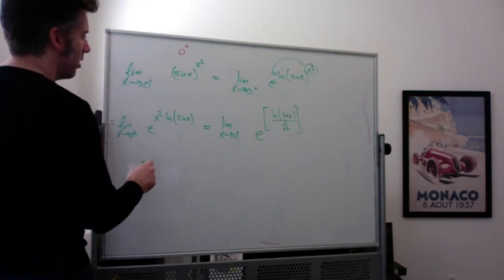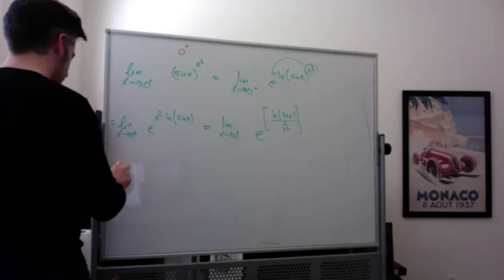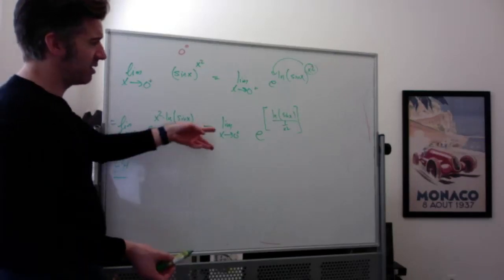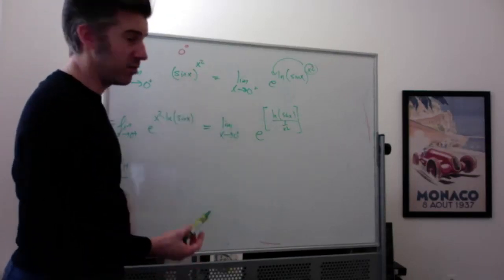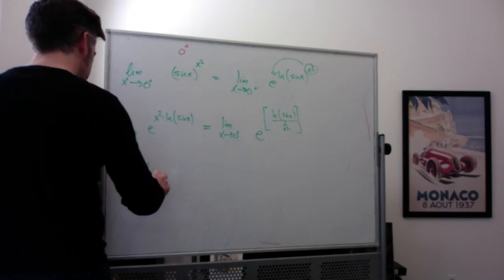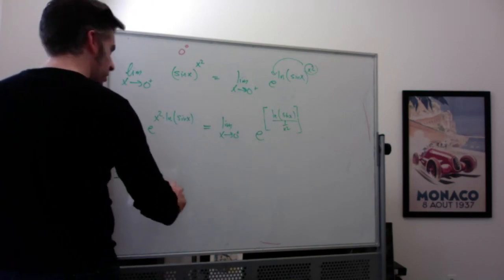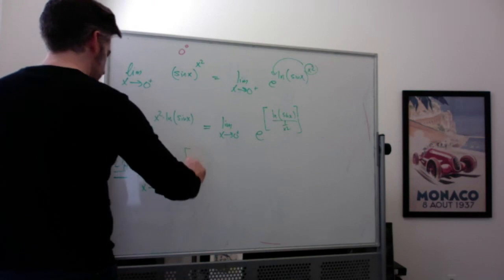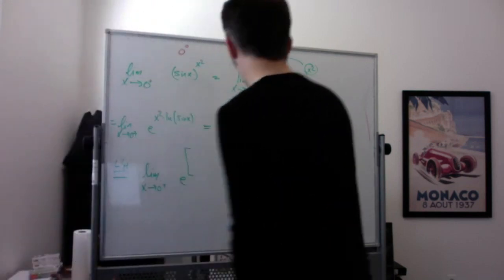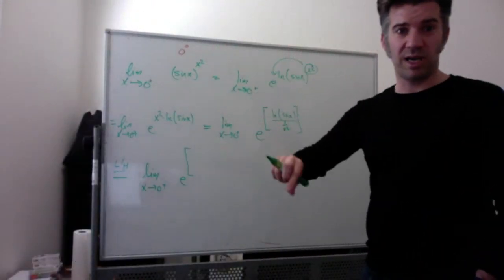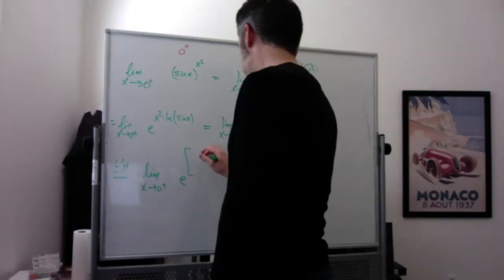All right, so let's use L'Hopital's rule. And I think it's okay to leave the limit out here, but you can also write it up in the exponent if you want. With the limit, x goes to 0 from the right, of e to the, okay, let's see what happens here. So the natural log of sine of x is 1 over sine times cosine.